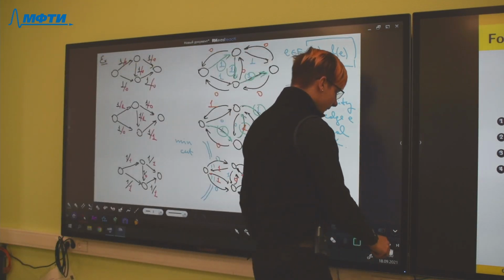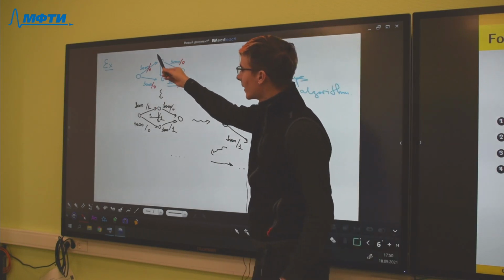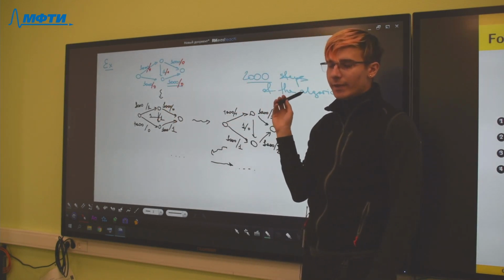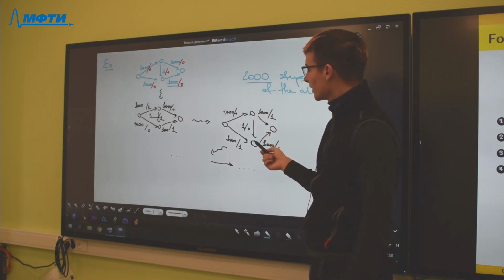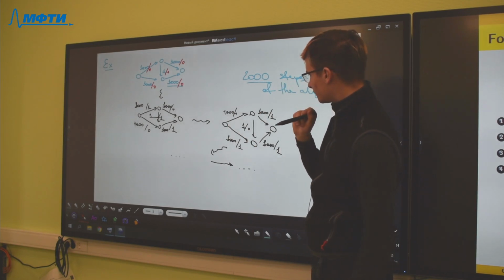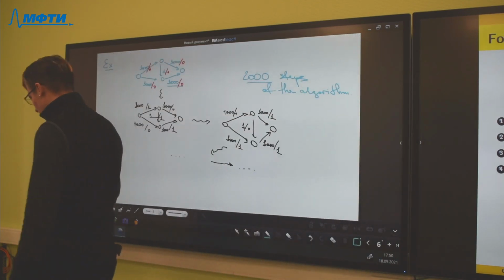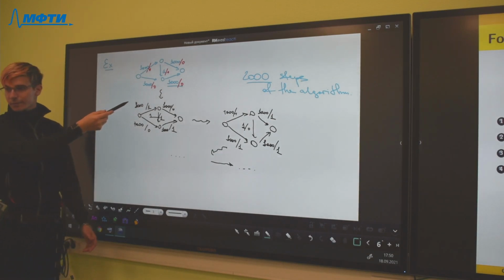And if we try to repeat these steps on this graph, we get 2000 steps, because one step increases our flow only by 1. And the maximum flow is equal to 2000.